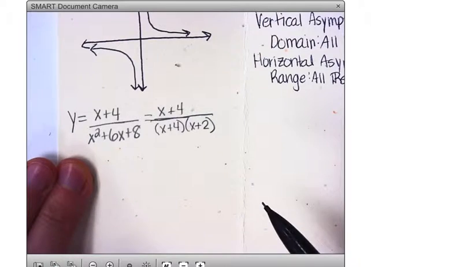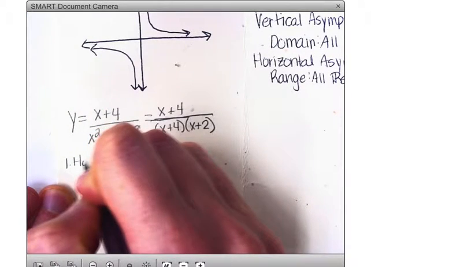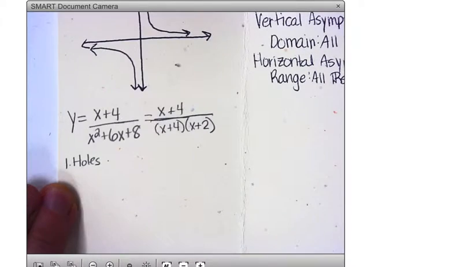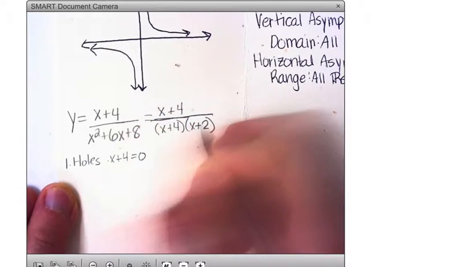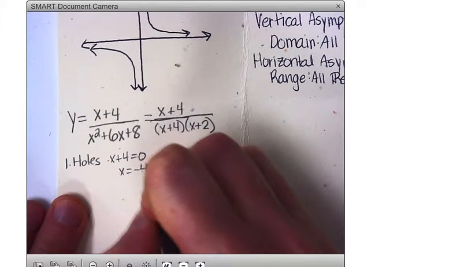All right, now I have to find holes first. Holes only occur if something crosses out. Does something cross out there? So I set x plus 4 equal to 0, and I solve, which would be x equals negative 4.